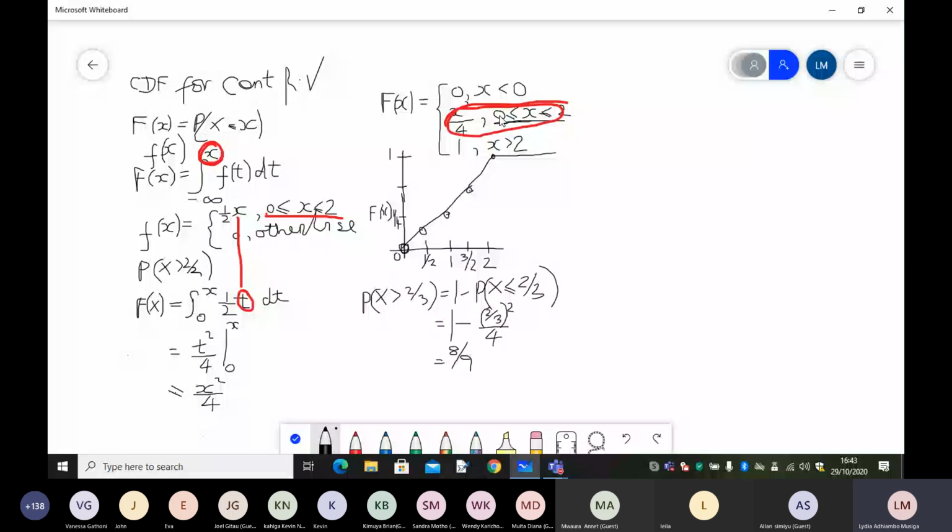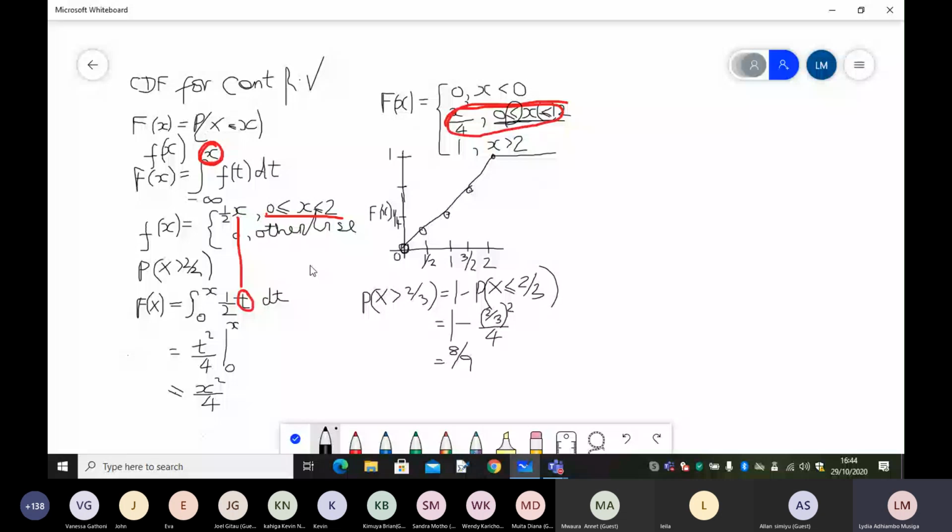Maybe to avoid giving you room for doubt, I will use this denotation of greater or equal to, less or equal to, so that at the point 2, we will have a small f of x. And at the point 2, what is the small f of x anyway?